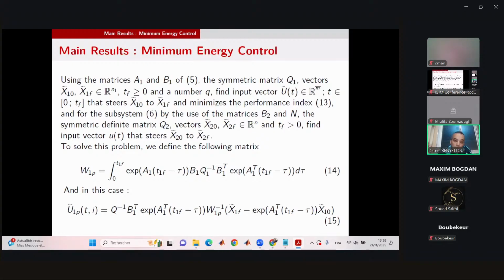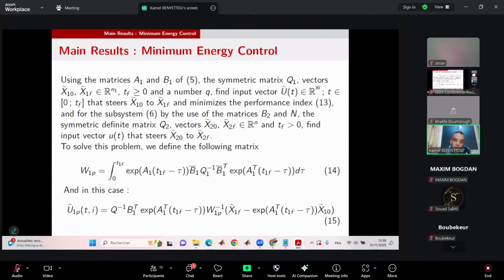And in this case, we present our powerful tool, a new control vector, which is described by formula 5. This formula uses the inverse of the Q1 matrix and also the inverse of this new matrix.